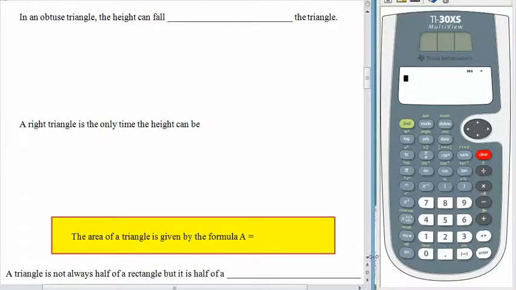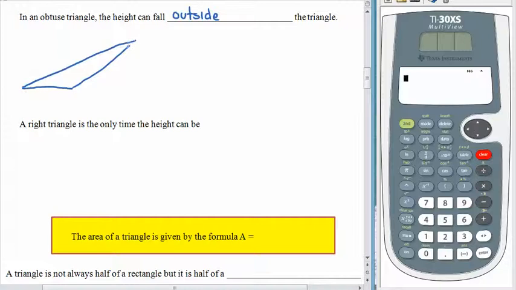If you have an obtuse triangle, it's possible that the height could fall outside the triangle. So let's look at an example. I'll put the base on the bottom just so it's easy for us to see.